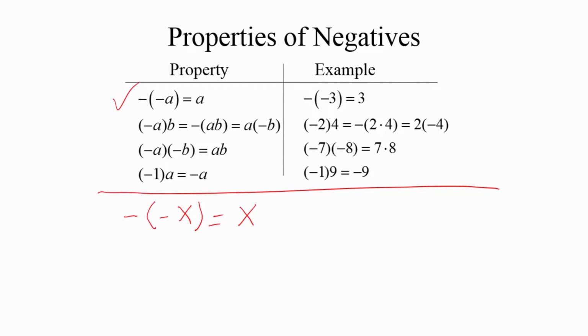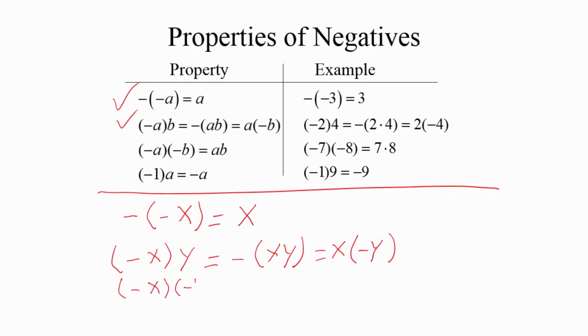Then negative x times y can be written as negative xy, or x times negative y. I can use two variables, x and y, and apply this same property. Next, negative x times negative y would be equal to xy. That's this property.